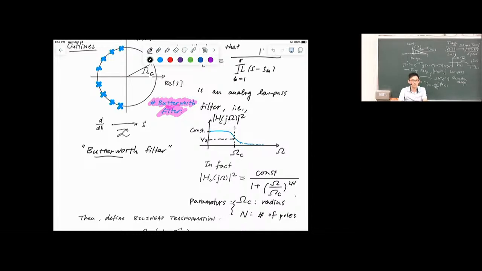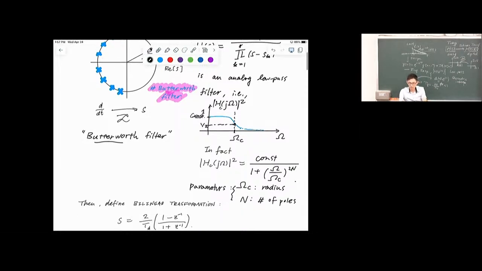If the DC gain is 1, then at this corner frequency the gain squared is cut in half, because 1 plus 1 is 2. Simply like that. So this is the corner of the cutoff frequency, where the gain drops from 1 to 1/2. So omega c is meaningful.